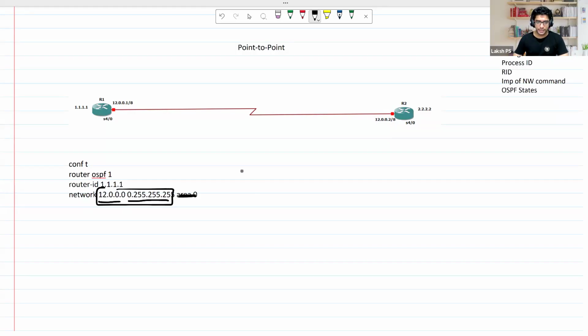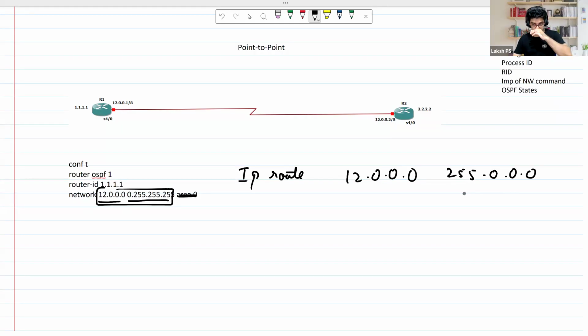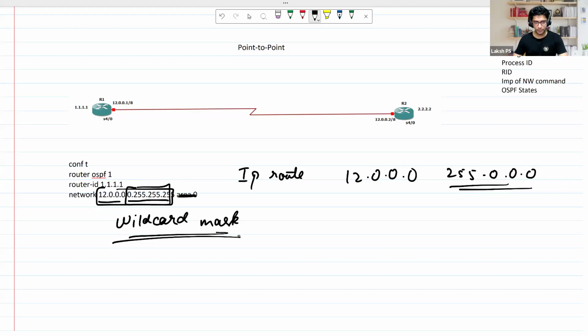Just like our IP route that we saw yesterday, IP route 12.0.0.0 255.0.0.0 is the network that we want to send the data to, right? But here you can see that this is the opposite of your address mask, and it is called a wildcard mask.